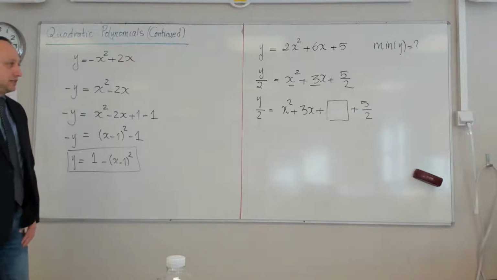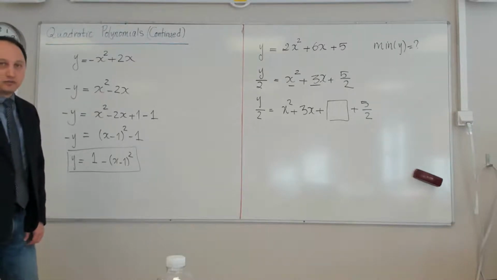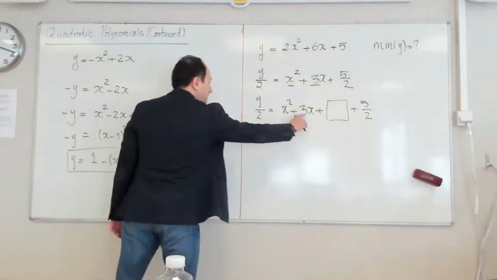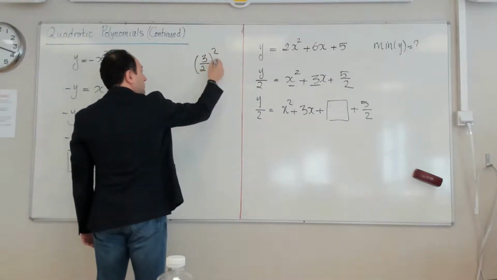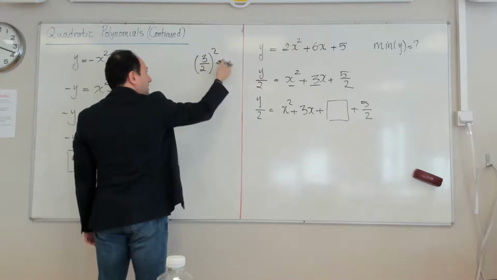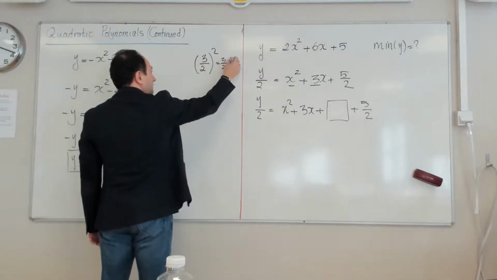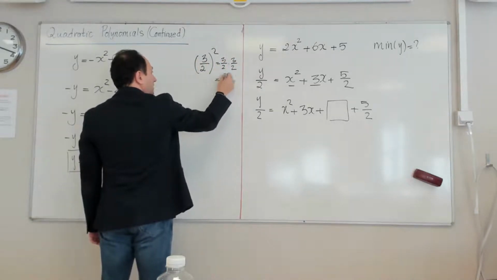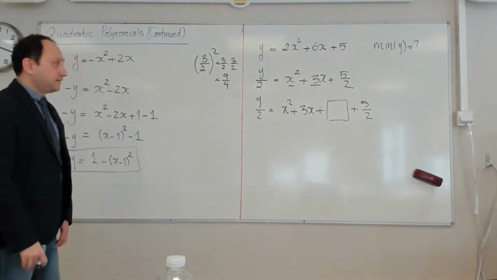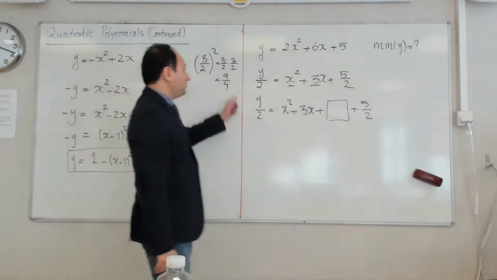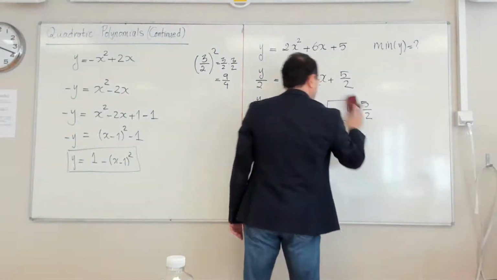No, you are mistaken. Yes, your method is correct. 9/4. You need to divide this number by 2 and square it. A square means multiply it by itself, yes? So it becomes 9/4, not 6/4, yes? So the number that you have to add is 9/4.